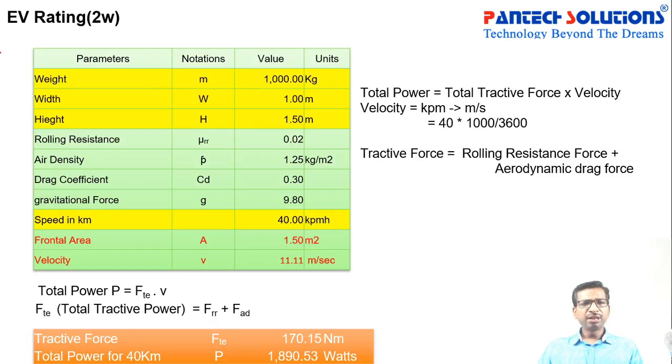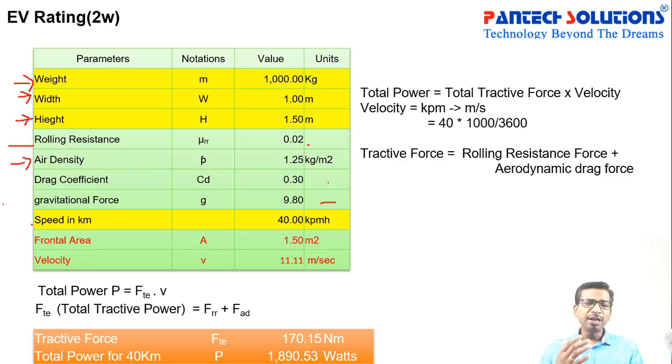And actually I have some basic data, that is the total weight of the vehicle, the width of the vehicle and the height of the vehicle. If we know these details, we can take some constant coefficients: rolling resistance I took as 0.02, air density 1.25 kilogram per meter cube, the drag coefficient 0.30, and the gravitational acceleration g is 9.8.